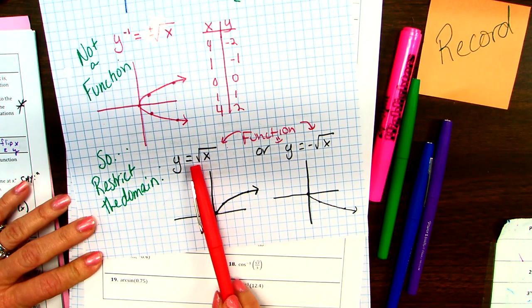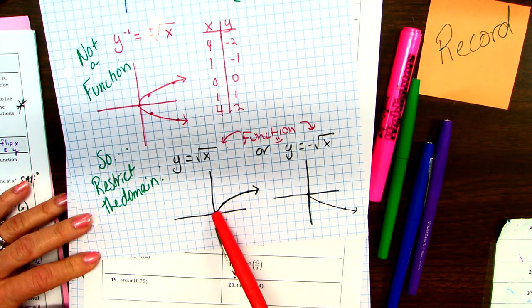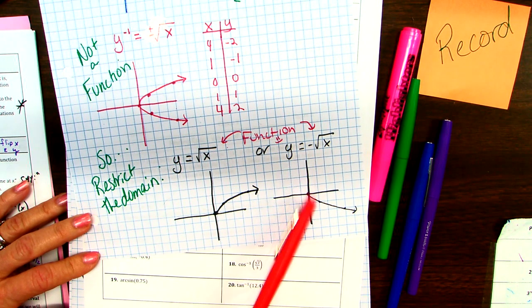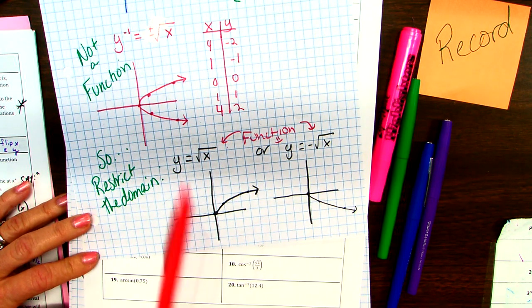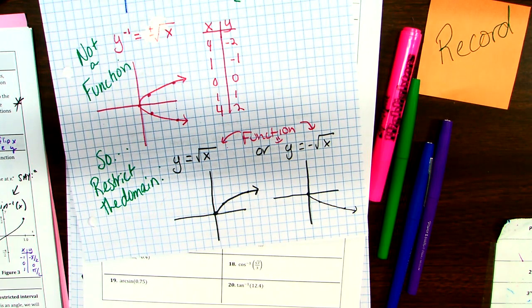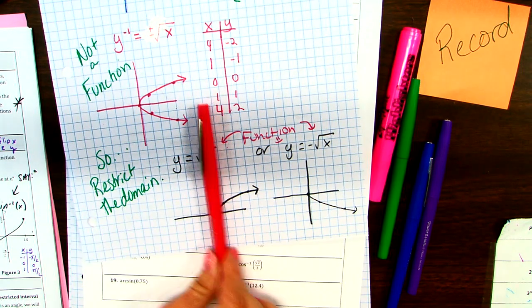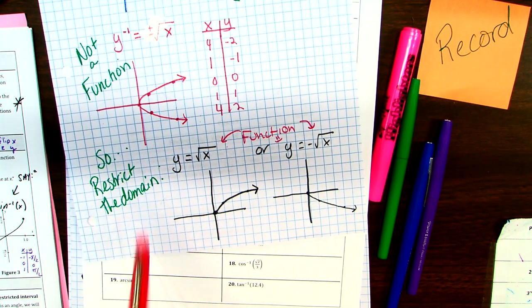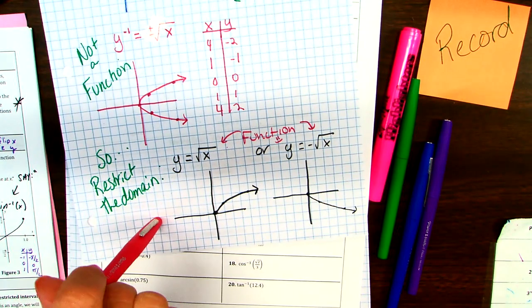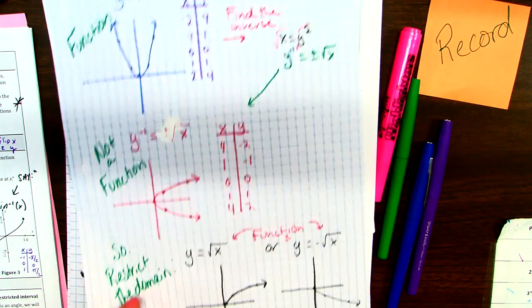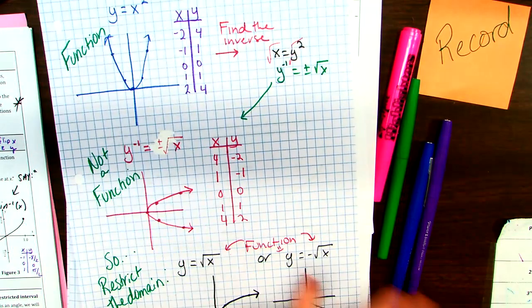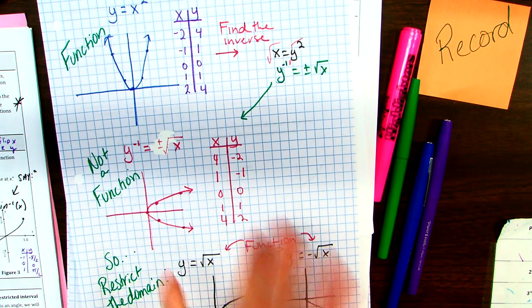So if I use y equals positive square root of x, it would just be this. If I use negative, it'd just be this. One or the other, that's restricting the domain, not using both the plus and the minus. Then it passes the vertical line test. So when you restrict the domain of a function to make the inverse a function, that's what we're talking about.